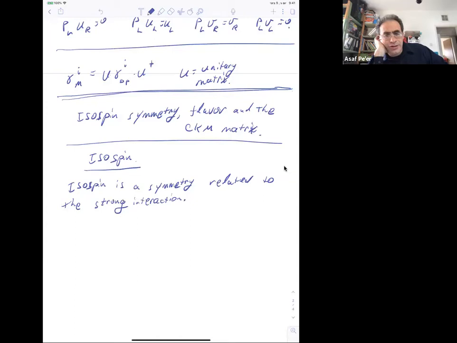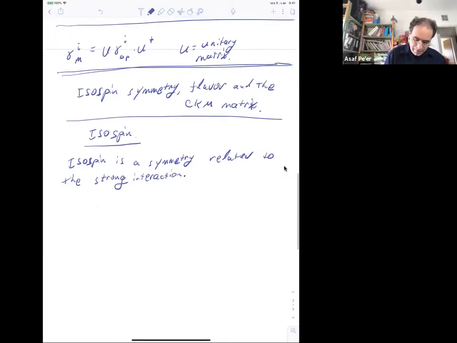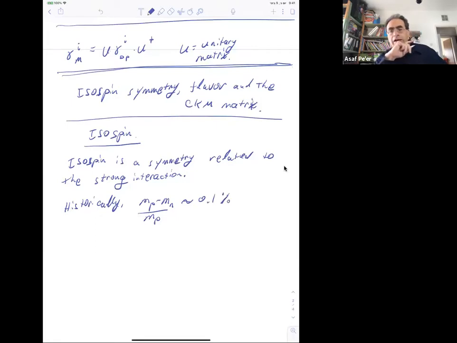It was initially discovered that the masses of the proton and the neutron are nearly identical. So historically, the difference m_proton minus m_neutron, they're not exactly identical, right? But they're nearly identical. It's about 0.1%, 1 in 1,000.